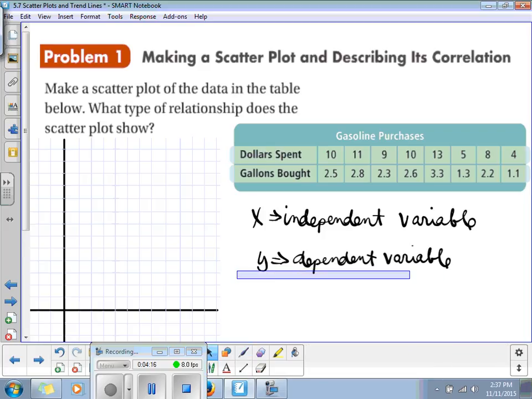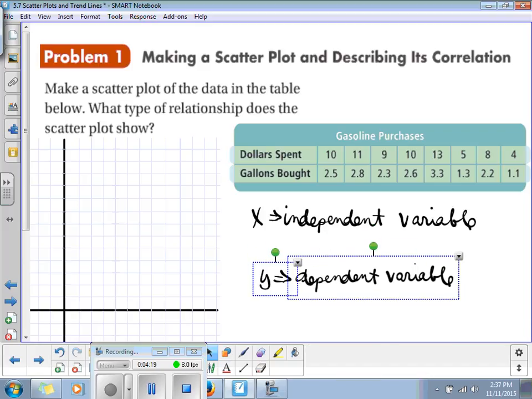The way we can tell the difference is that the x variable, the independent variable, is the one that does the affecting. Remember we talked about this a while back?